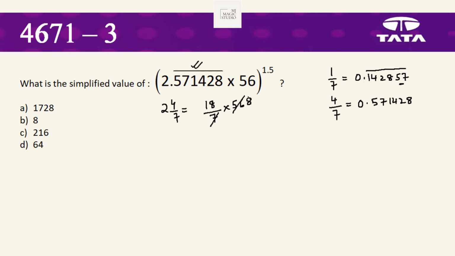So this goes as 8. So we have 9, that is 3 square, into 16, that is 4 square, and this is 12 square. 1.5 means 3 by 2. So when we cancel, this will end up with 12 cube. Now 12 cube is 1728, that we have in option A.